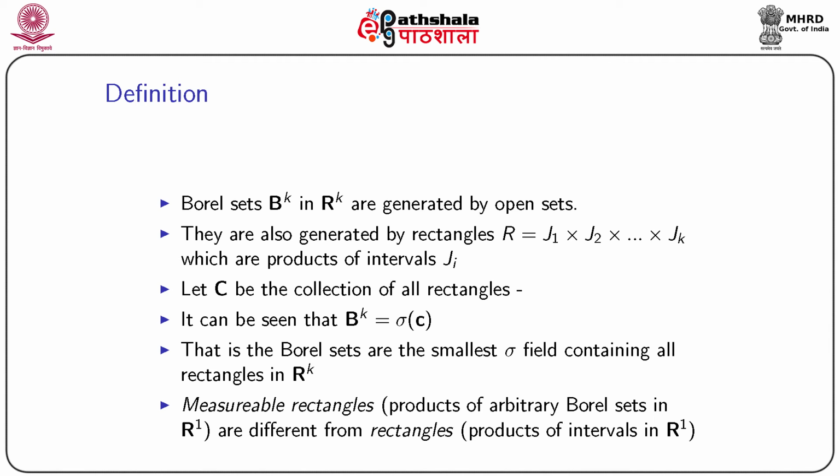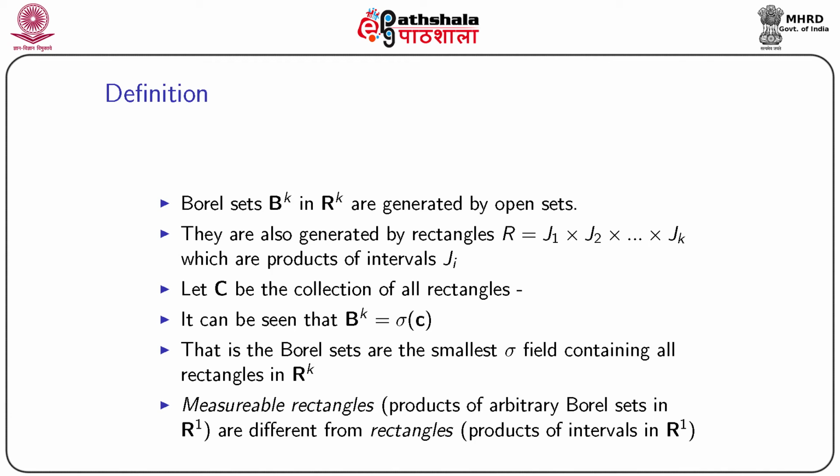We can generate these by rectangles, for example, R is J1 into J2 into Jk, which are products of intervals Ji. Each of these Ji's is an interval. Now we consider C as the collection of all rectangles that can be constructed using these products.